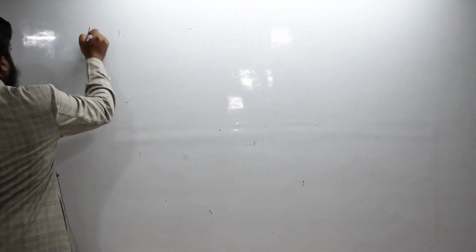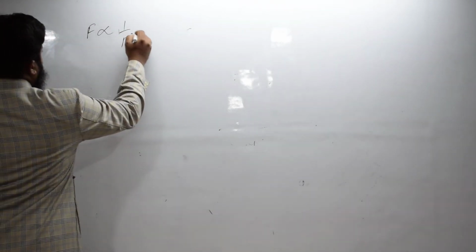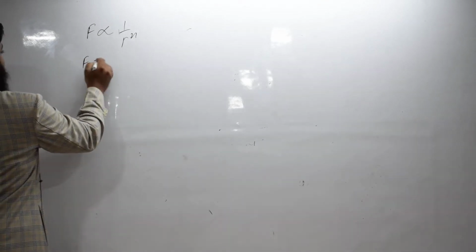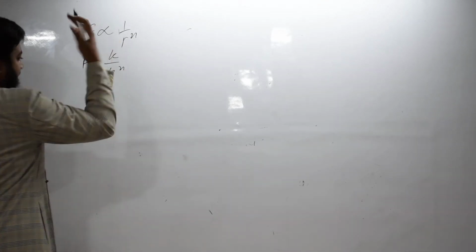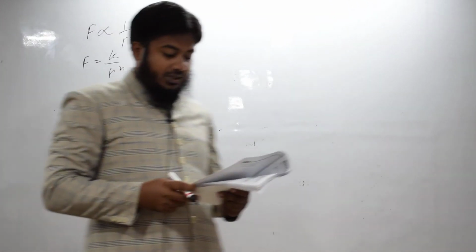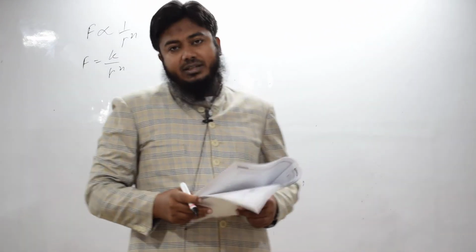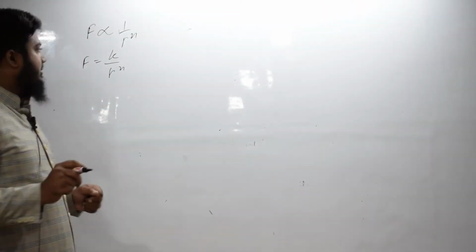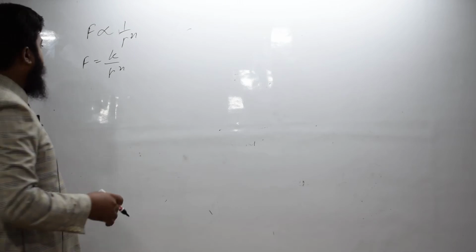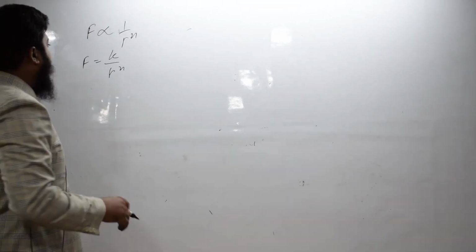So, gravitational force varies as 1 over r to the power n, or you can write F is equal to k upon r to the power n. K is some proportionality constant. Then you need to find how the time period depends on the radius or on this value n.